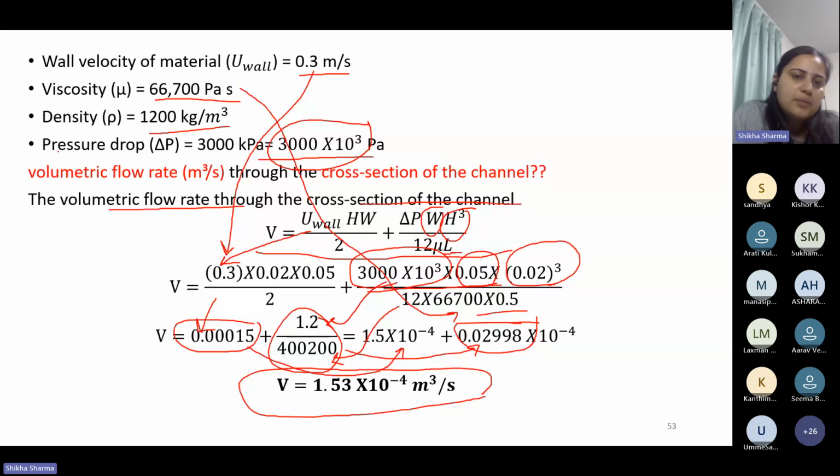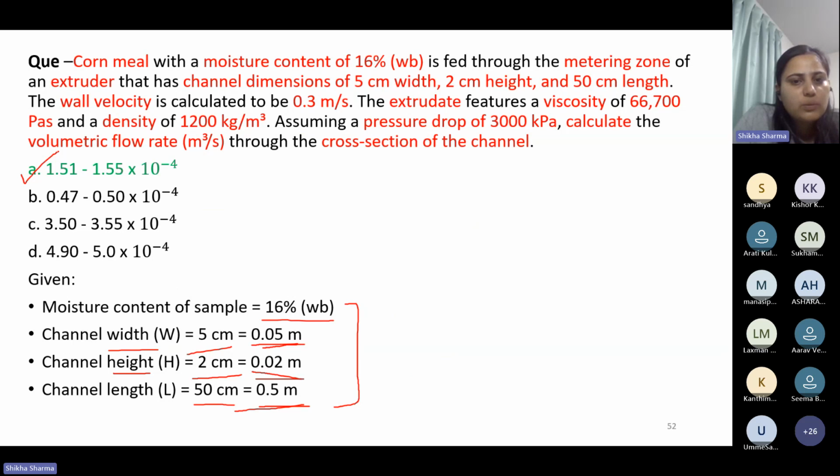But mostly we need to learn the formula, because it's very rare that we get the formula in the question paper.